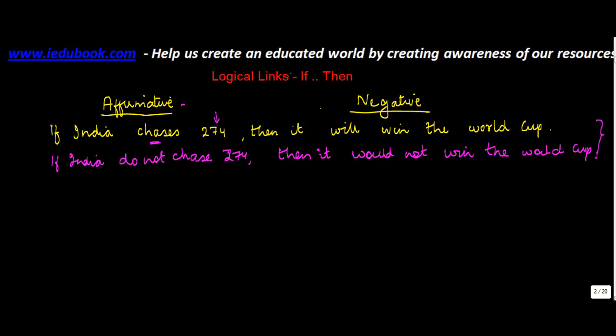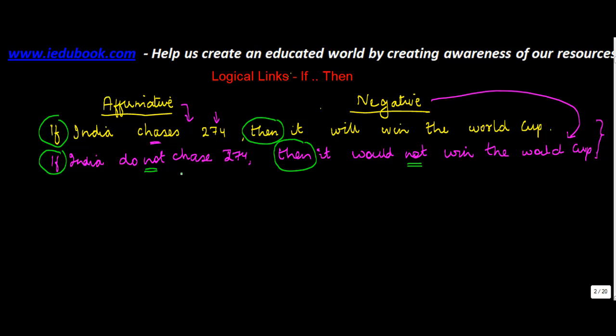One, which is this one, is in the affirmative and the other one is in the negative. Now how do we know that this is in the negative? Because it says if India do not, then it would not. While both of them are using the logic of if then. So this logic of if then can be used in multiple ways.